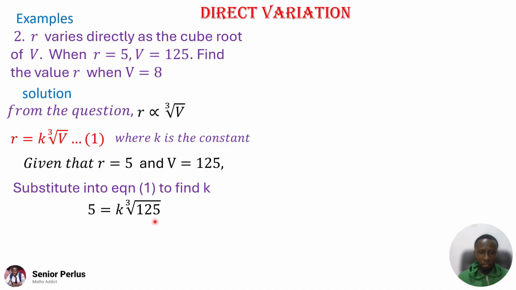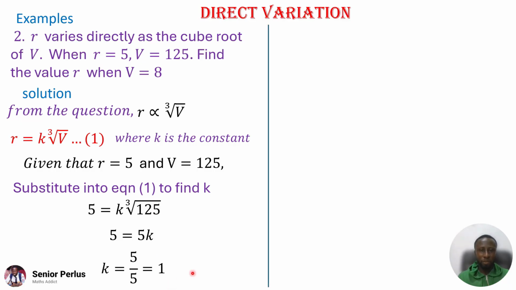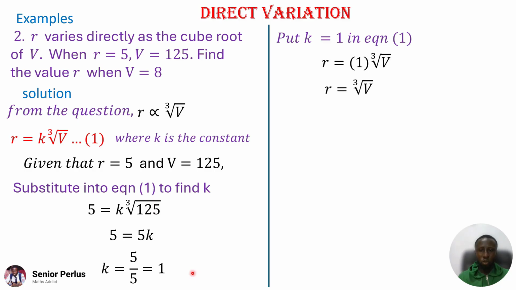You can use the calculator to find the cube root of 125. The cube root of 125 is 5, then 5 times K. So our K is 1. You put K is 1 into equation 1, and this will be our new equation. So we have solved for K, and K is 1.